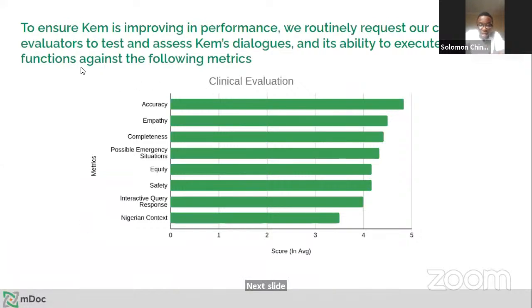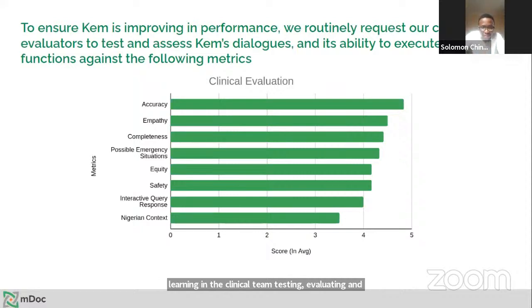So to ensure Chem is improving in performance, we routinely request our clinical evaluators to test and assess Chem's dialogue and its ability to execute its function against the following metrics. Remember, during the teaching, Lisa emphasized having guardrails, with the machine learning team and the clinical team testing, evaluating, and then reprompting, improving, fine-tuning the model.